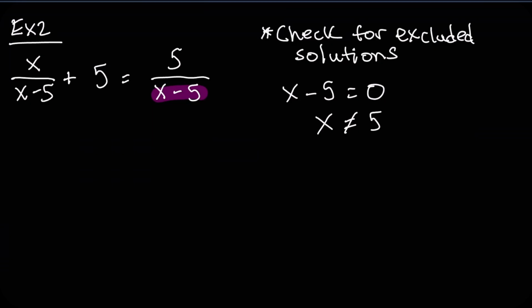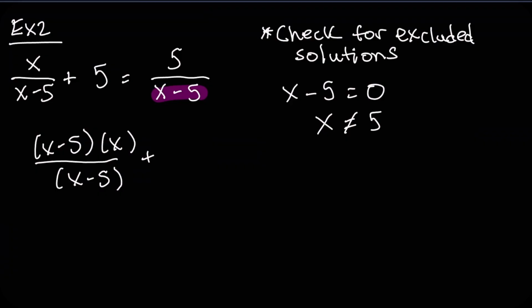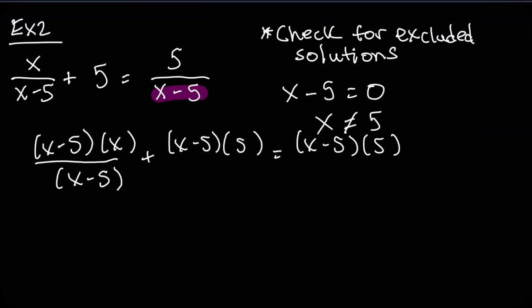So we'll go ahead and take x - 5 and multiply it by all of the tops. And then we'll have an x - 5 here, plus x - 5 times 5, and that's going to be equal to (x - 5) times 5 divided by (x - 5).